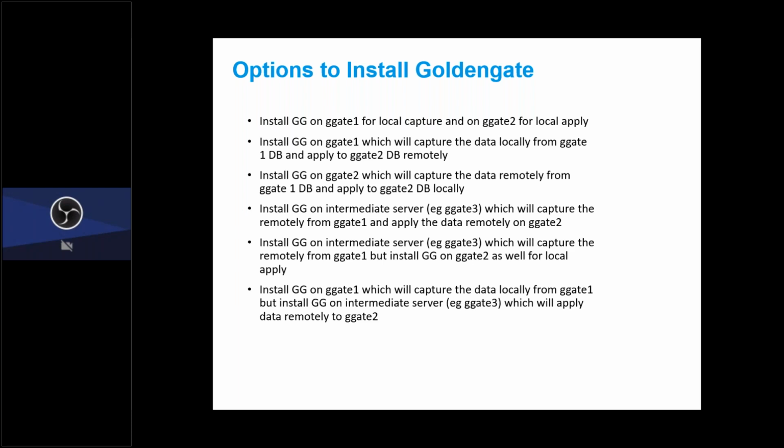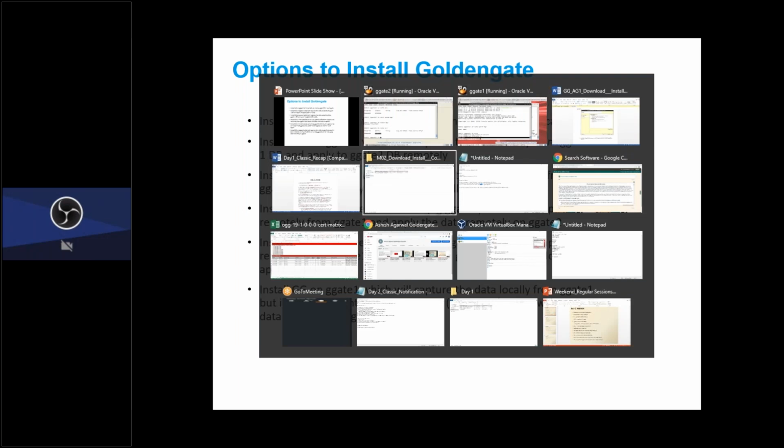So what are the different options to install Oracle Goldengate? The different options include installing Oracle Goldengate on both Gate 1 and Gate 2 for local capture and local apply. This is what we are doing. Let me tell you the terms first of all, that will make the understanding better.